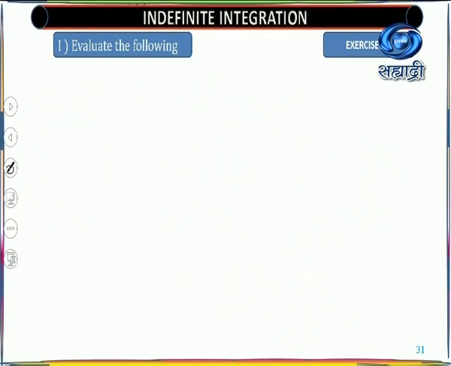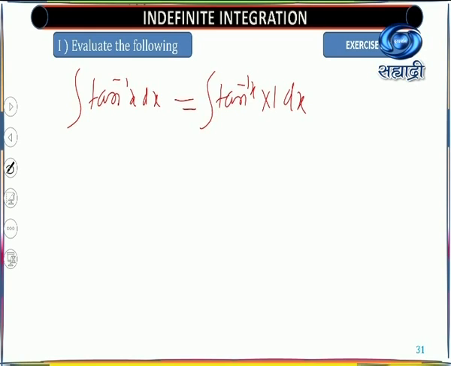One more thing which we want is the integration of tan inverse of x dx. Again we are using the same formula. You will write this as tan inverse of x into 1 dx. Now look here, as usual, whenever there is a constant, I told you to treat it as an integrable function.